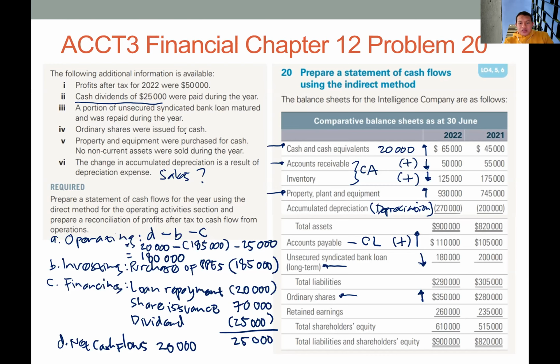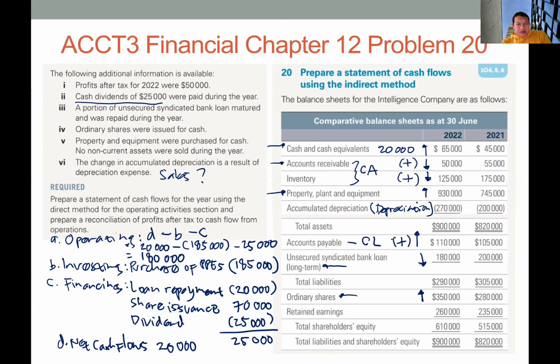So out of this long-term syndicated bank loan, some portion of this loan will be due within this year, so it will become the current portion of this long-term loan, like a current liability. But we don't know how much of the portion. So is that question just additional information that we're supposed to ignore?